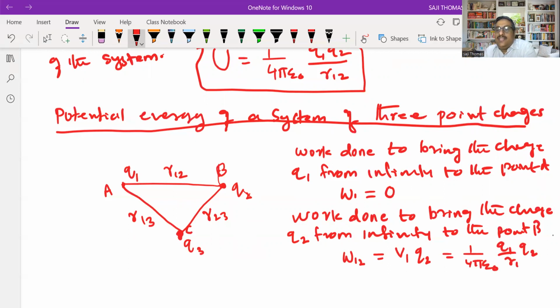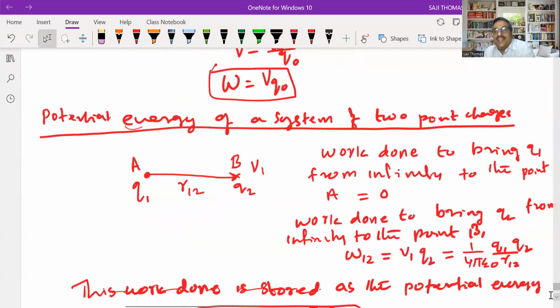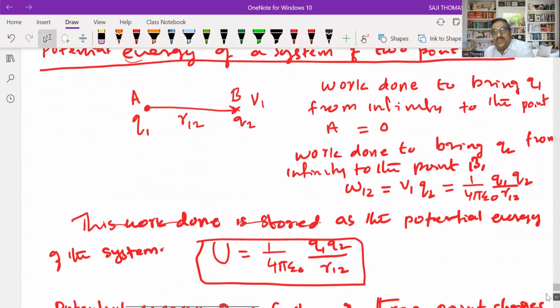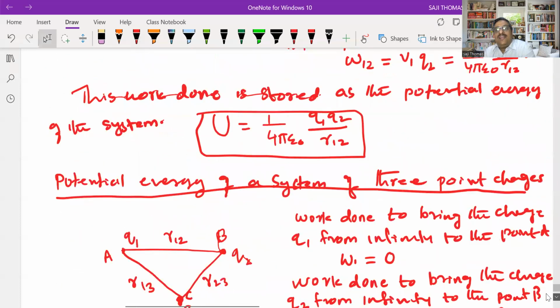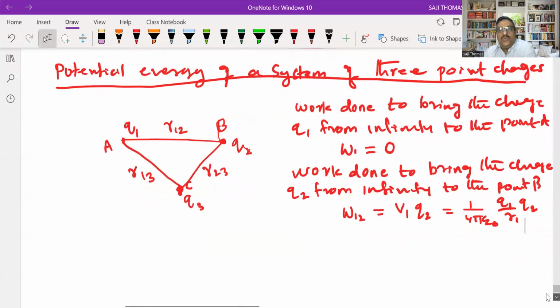Now we have to bring the third charge Q3 from infinity to the point C. Here we need to do work against two charges. We have to do work against the force of charge Q1 and the work against the force of charge Q2.